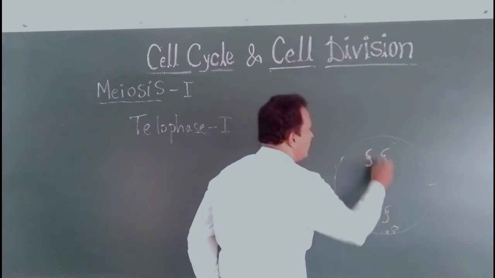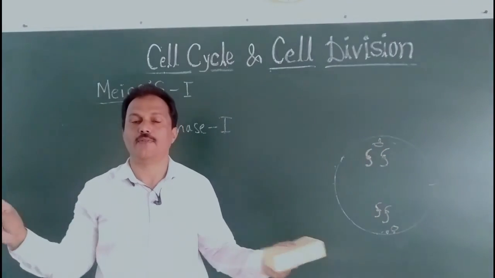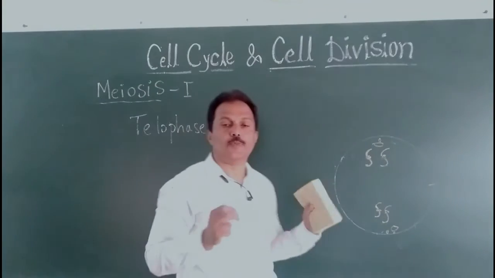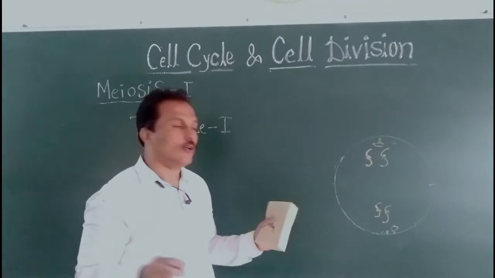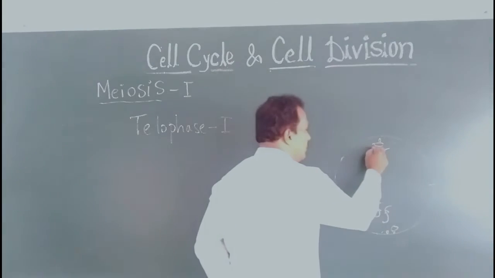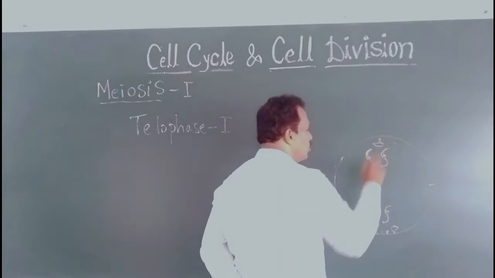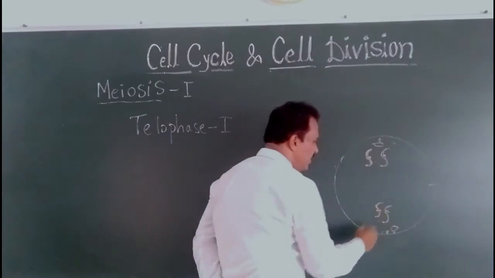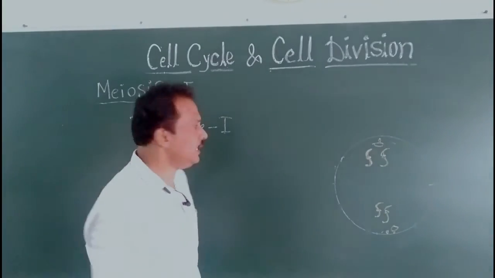Centriole is present, spindle fibers disappear, aster rays disappear, and these chromosomes become decondensed to form chromatin fibers at the opposite poles.